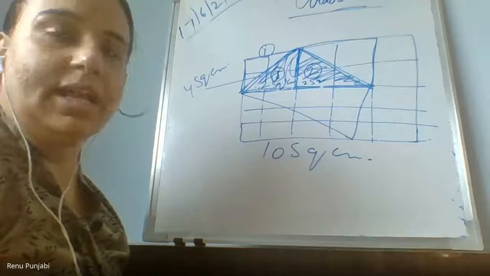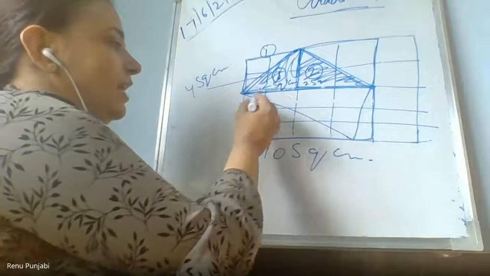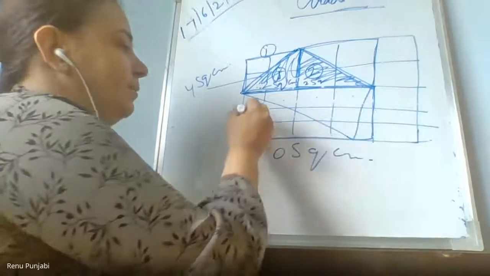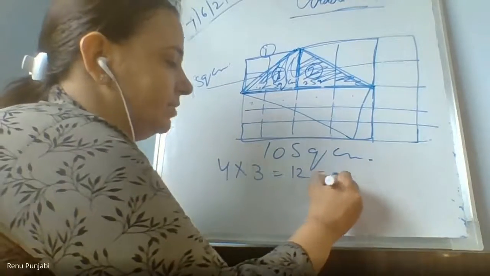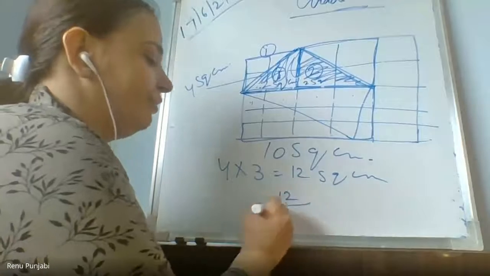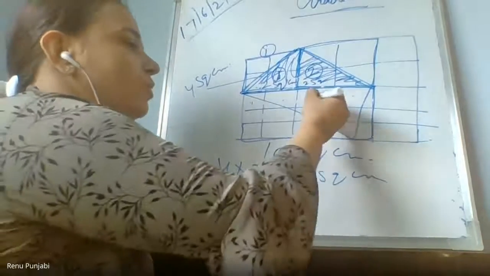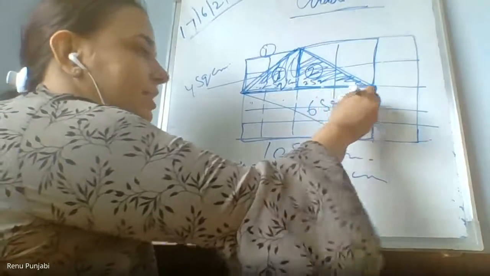The whole will be 12 and the inside triangle will be 6. Yes, 1, 2, 3, 4. 4 multiplied by 3 is 12 square centimeters. And the half of 12, when you divide it by 2, you will get 6 square centimeters.